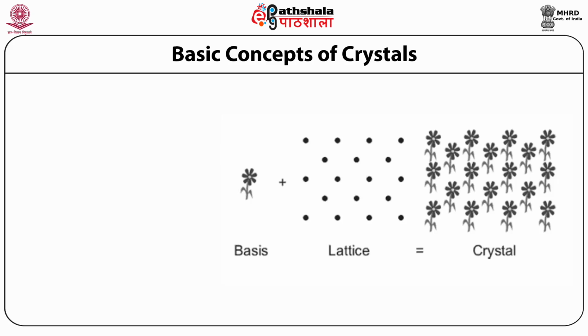Now here the basis is shown with a flower or a plant, just to illustrate, but in real solids these are complex molecules. The idea is that we are going to put each of these flowers or plants on these points, and we see that we form a crystal here. It is important to remember that we do not rotate this plant; it has a particular orientation.